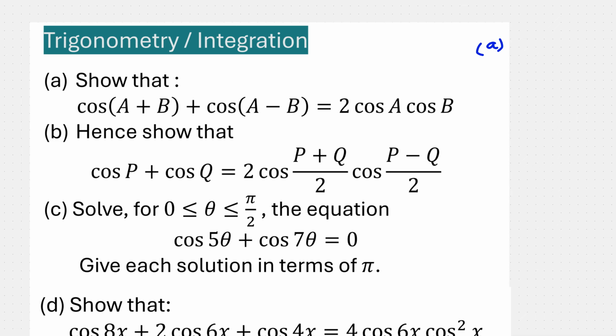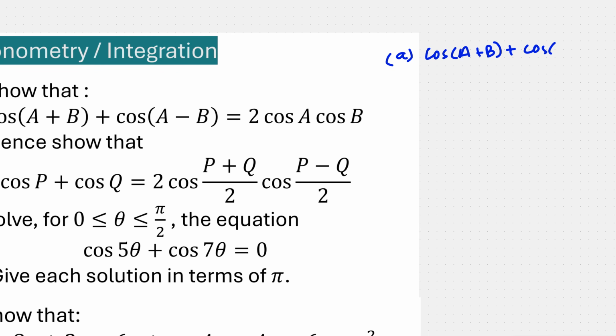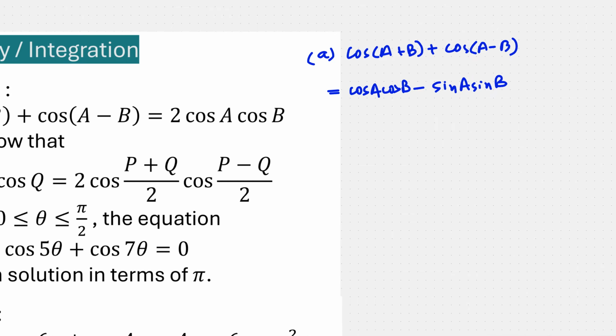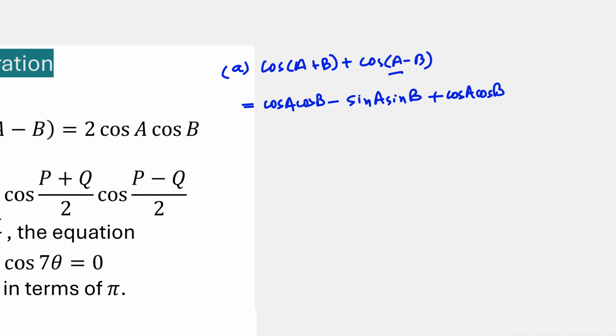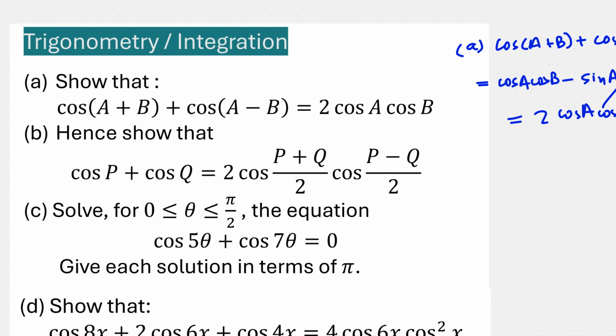I can write cos(A+B) plus cos(A−B), and that is equal to, expanded, cos A cos B minus sin A sin B, plus, expanding this, cos A cos B plus sin A sin B. Those cancel out, giving 2 cos A cos B, and that's the right hand side, so that's done.